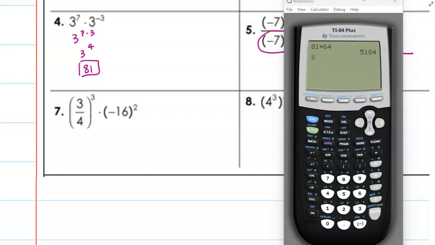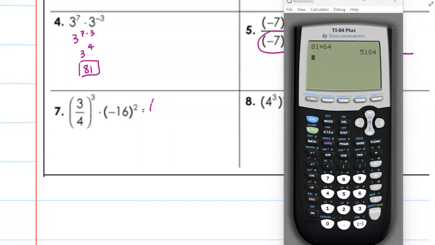Okay. Let's see. Do I want to have a little fun with this? Maybe. So 3 to the 4 raised to the third power. I mean, 16 is 4 raised to the second power. But then I would have to separate the negative out, because negative 1 would have to work separately, because 4 raised to the second power is not negative 16. So I don't know if I want to do all that.